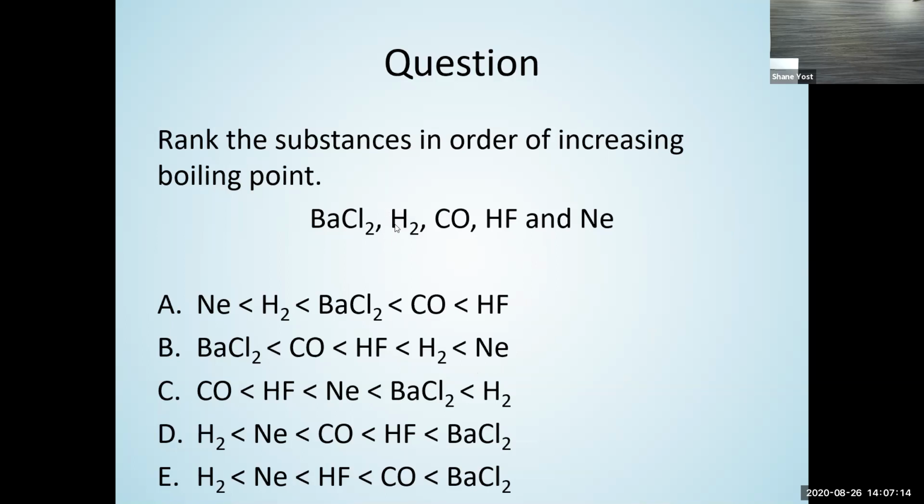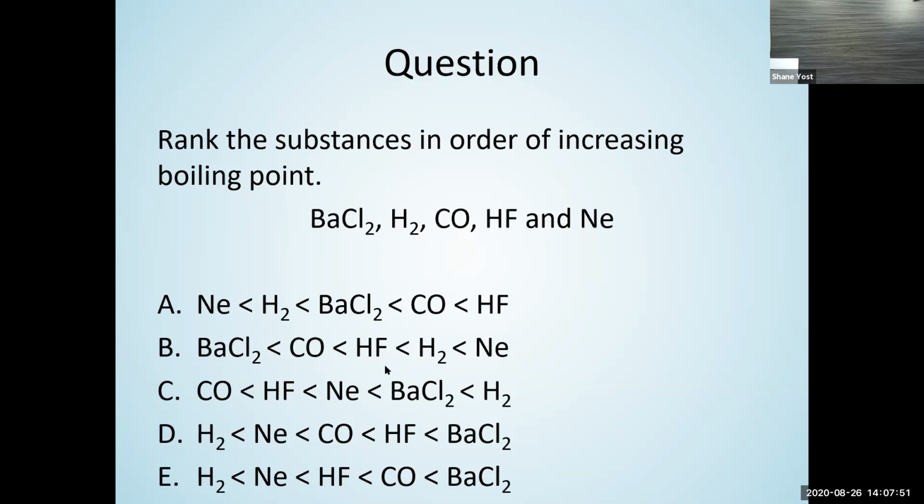The boiling point for H2 is on the Kelvin scale, single Kelvin, 10 Kelvin or something like that. I don't know off the top of my head, but very, very cold. Neon is a molecule, or in this case an atom, that only has dispersion intermolecular forces. So that also is going to be very weak intermolecular forces and have a very low boiling point. So we're going to go hydrogen gas, then neon, so D or E potentially here.